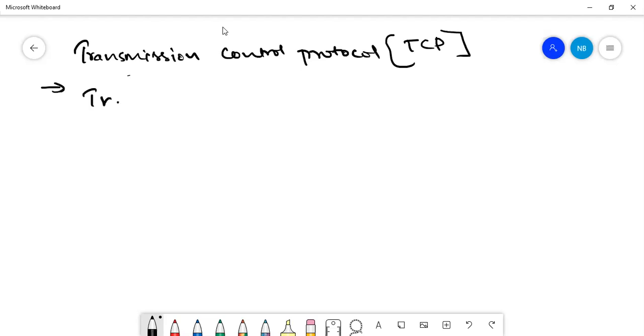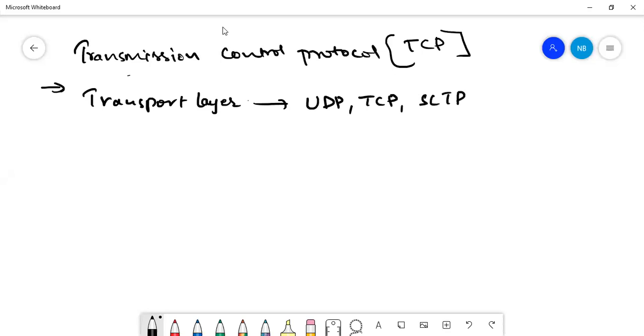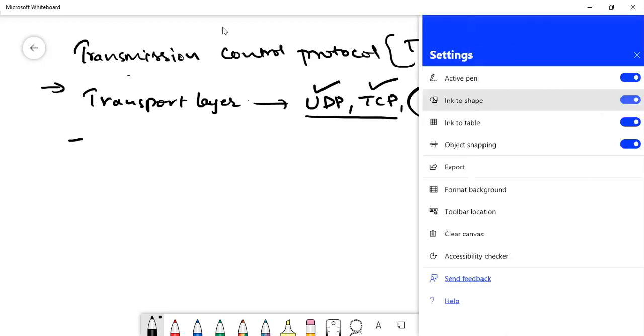As part of the transport layer, we have three types of protocols: UDP, TCP, and SCTP. Most of the time SCTP is not discussed here. We will be discussing only two of them. We already discussed UDP, so now we are going to discuss TCP, Transmission Control Protocol.